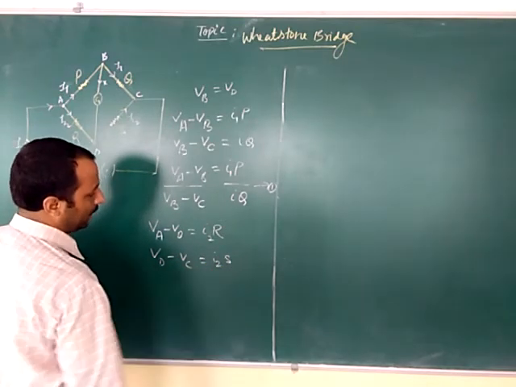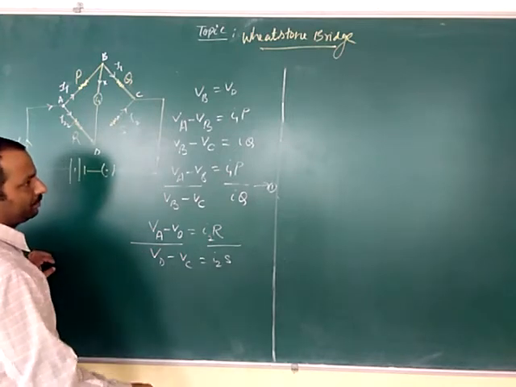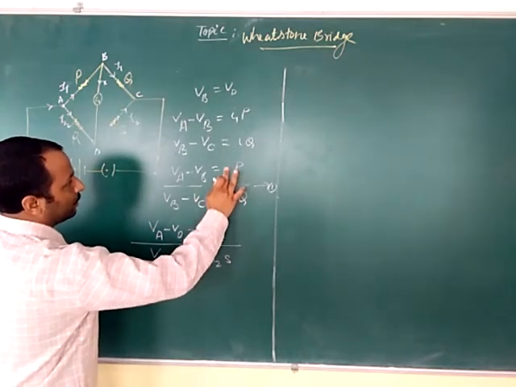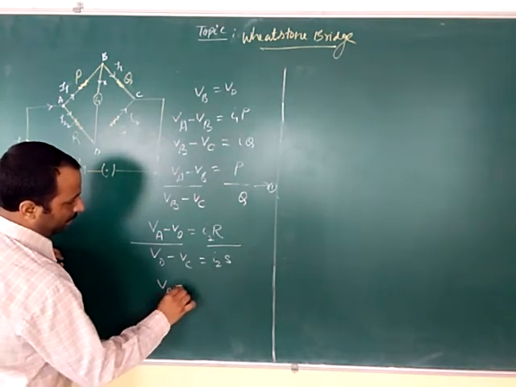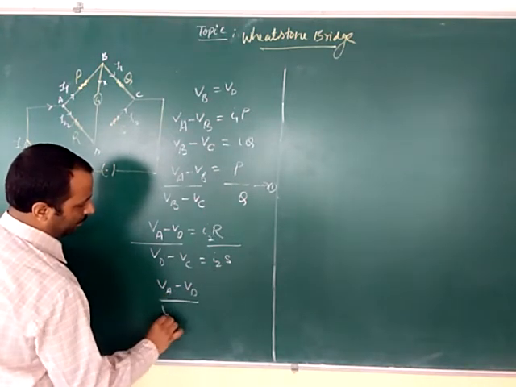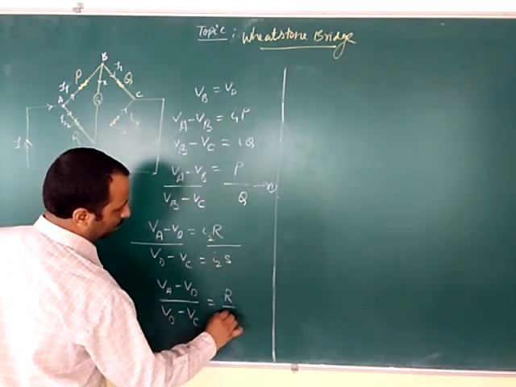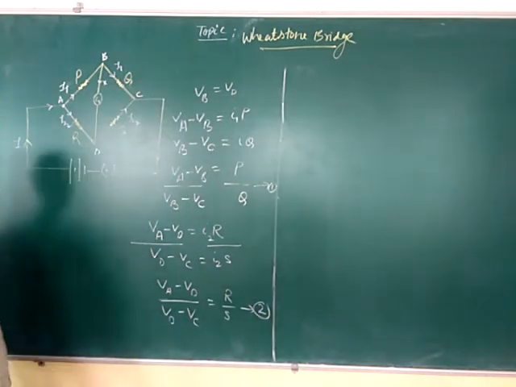I2 into S. Now divide these two. So what will you get? See here, I2 gets cancelled. So VA minus VD upon VD minus VC is equal to R upon S. This will be your equation number 2.